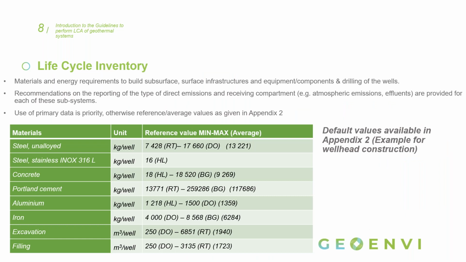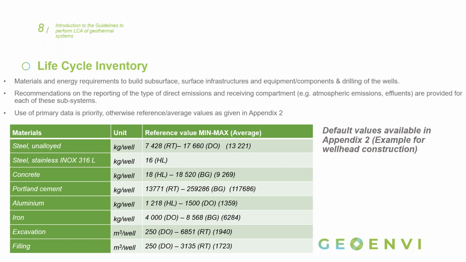The life cycle inventory, on which the life cycle assessment study has to be developed, describes the materials and energy requirements to build the subsurface, the surface infrastructure, equipment components, and drilling of the wells.